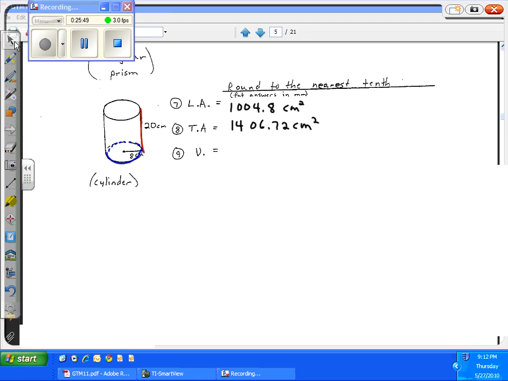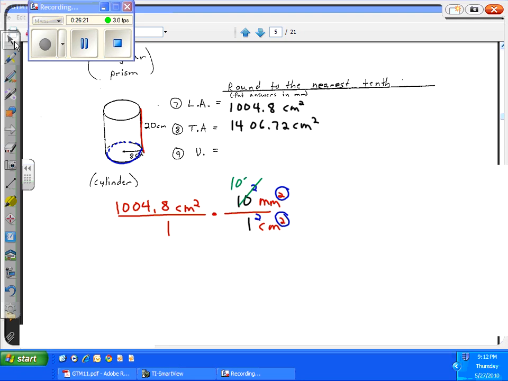Okay, so now let's convert our lateral area. 1004.8 square centimeters. We need to lose the name square centimeters and gain the name square millimeters. The bigger one is the centi. There's 10 milli in a centi, but it's not centi and milli. It's square centi, square milli.